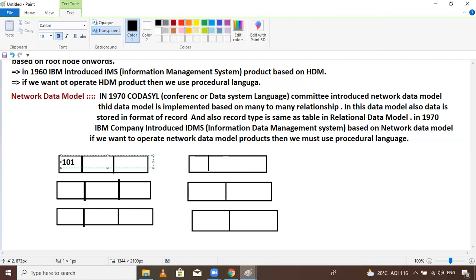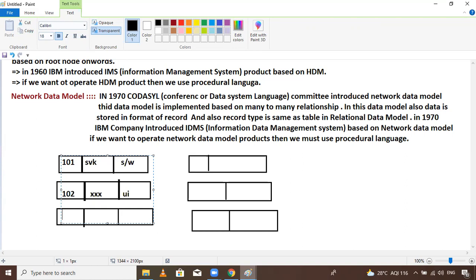Inside the 101, suppose the data is SVK, a software developer. Then provide the data here, 102, named XYZ, suppose XX, who is a UI developer.